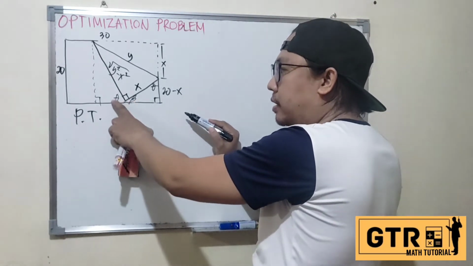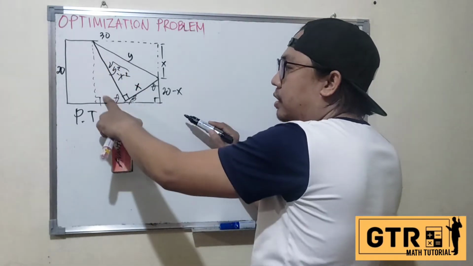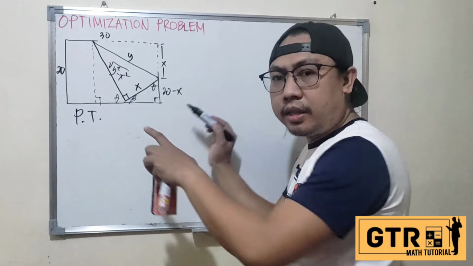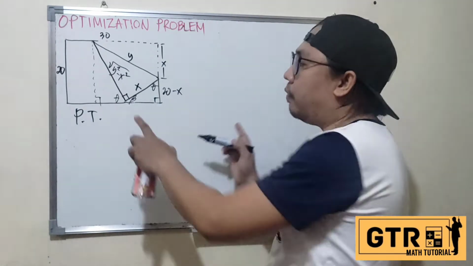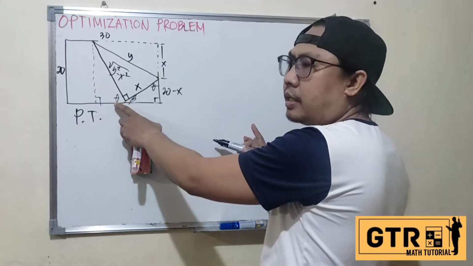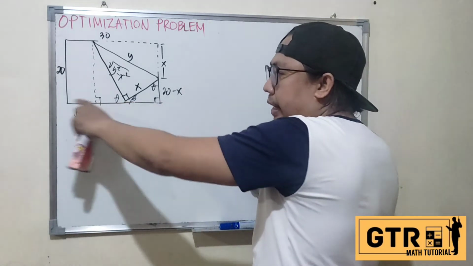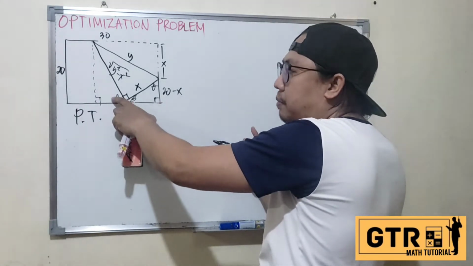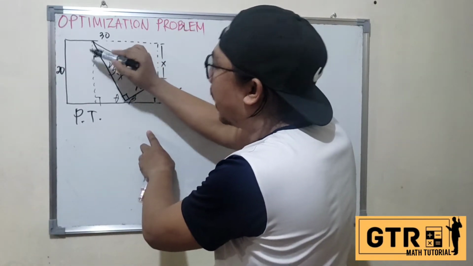And then the sum of theta plus beta is 90, and the sum of this is also 180, since the sum of the angles of a triangle is 180. Ito naman, we can use this, may linear pair tayo or may straight line kasi tayo. So therefore, ang sum niyan ay 180 degrees. So therefore, if this is theta, this is beta.